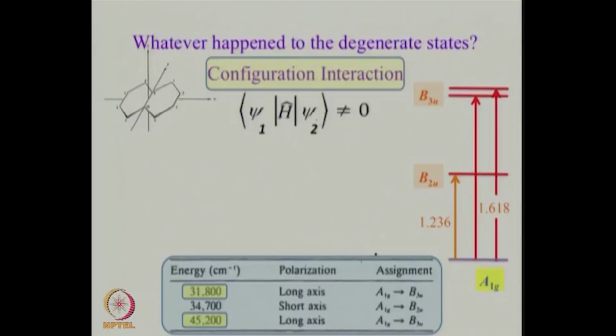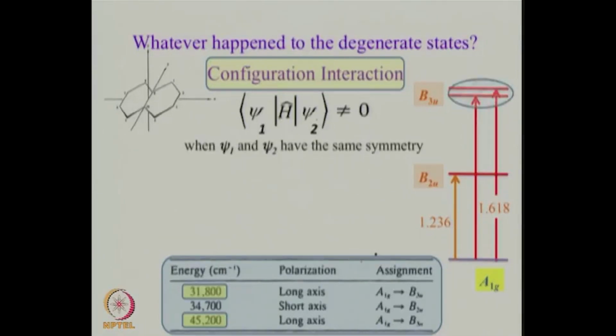That is exactly what happens, and the extent of this is determined by this interaction integral of psi 1 H psi 2 over all space. That is not equal to 0 if energies are comparable and symmetries are same. So, that is what has happened essentially.